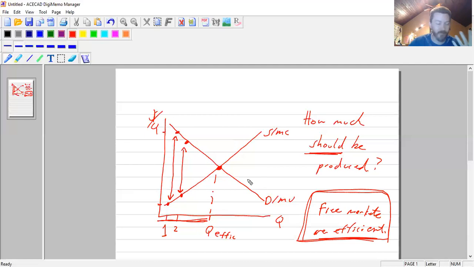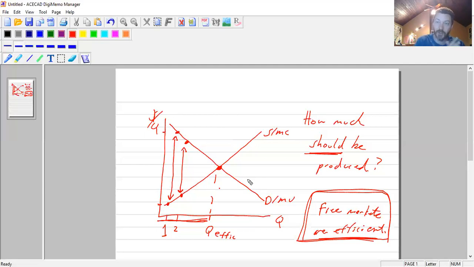Here you can think about how much we should produce. And we've talked before about how the price mechanism works to make this the actual quantity that emerges in a free market. Remember, all of this happens when we have good information, price-taking behavior, and no externalities.